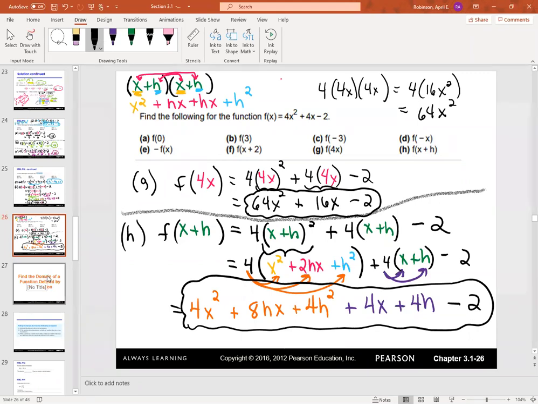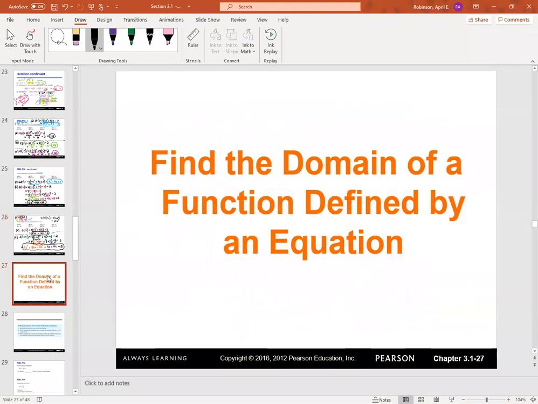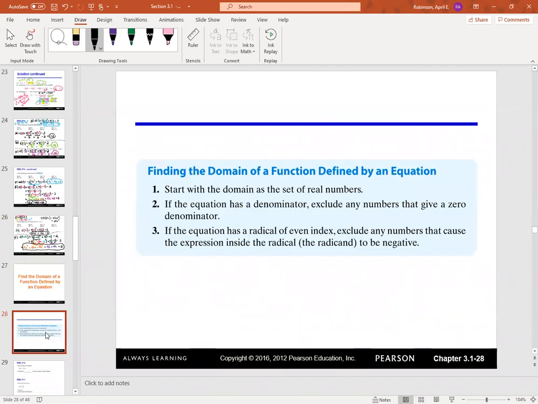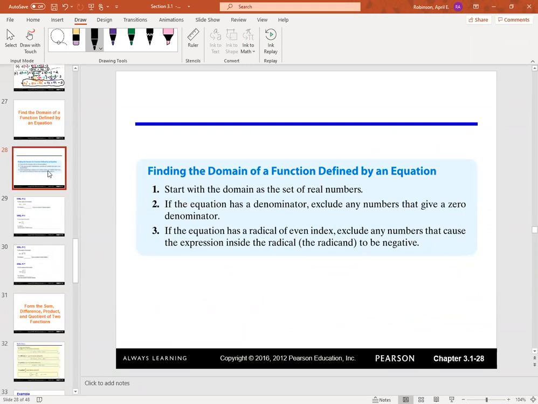All right. And then they move into the next objective, which was finding the domain of a function defined by an equation. And I eliminated their examples and just went straight to the rules, and then I'll teach it to you as I do the MyMathLab instead. Okay, so basically you're going to start with the domain of the set of all real numbers, which goes from negative infinity to positive infinity.